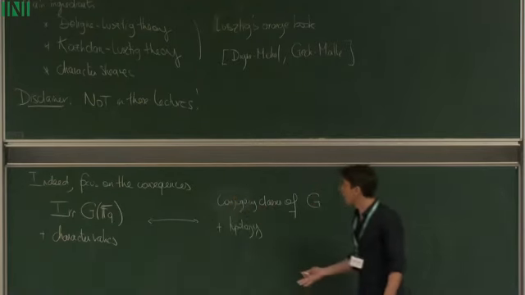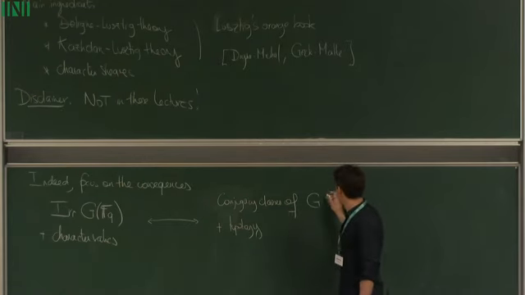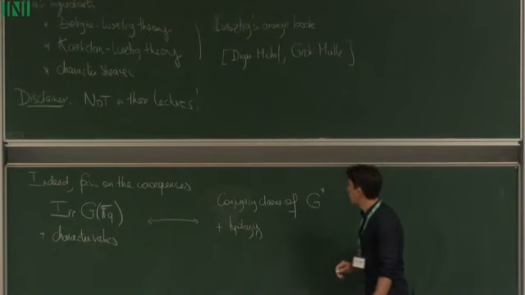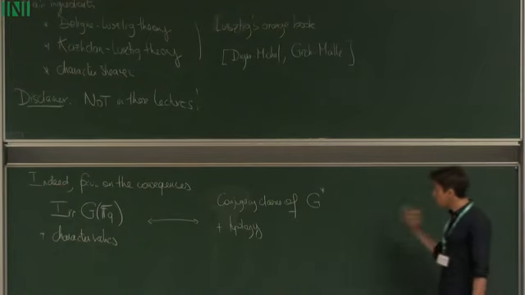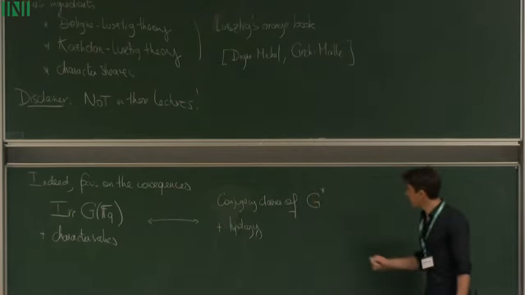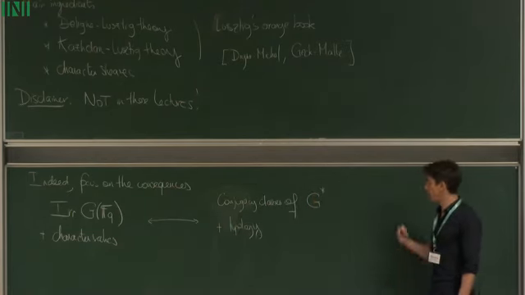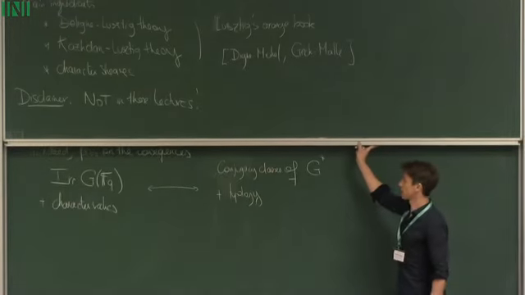But in order to do that, Deligne and Lusztig realized that it was maybe better to work not with the group G itself, but the Langlands dual. So there is some kind of Langlands duality going on, which I will not explain, but I will tell you a little bit about what this group is and how it comes into the classification of these characters.